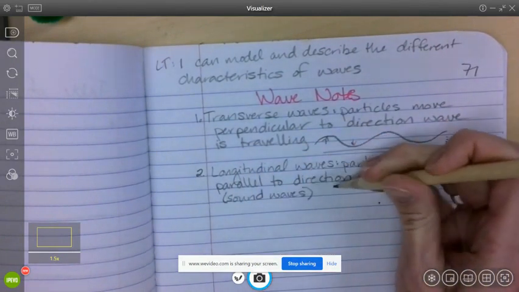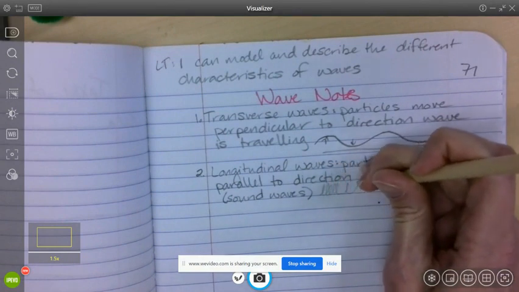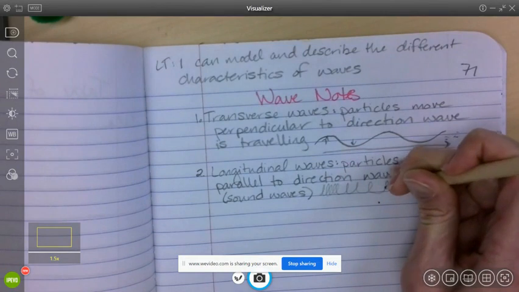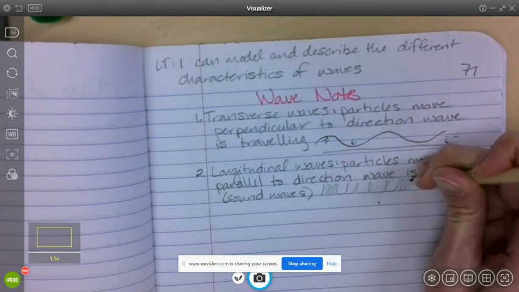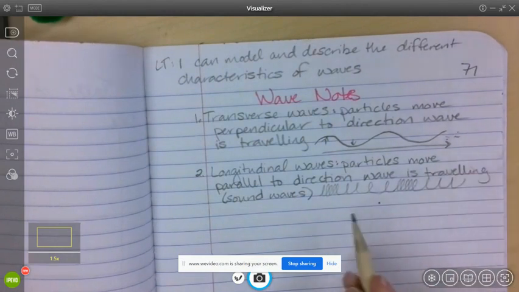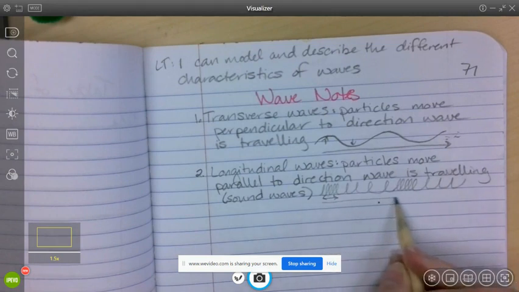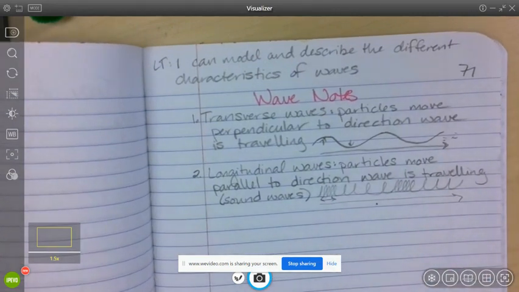Slinky waves also. So you get bunches together and then they spread out. And then they bunch up again and they spread out. So the particles just move back and forth as the whole wave moves left to right.